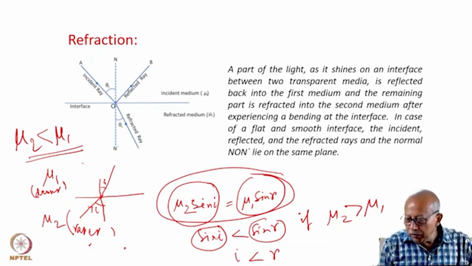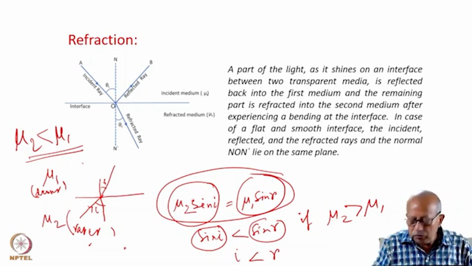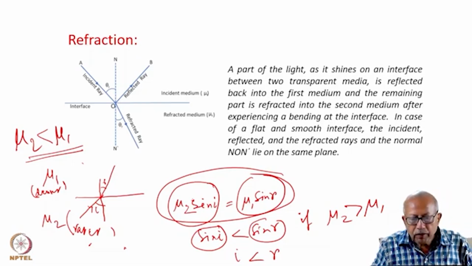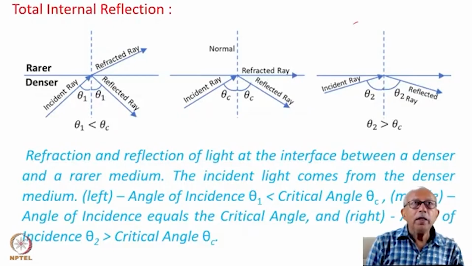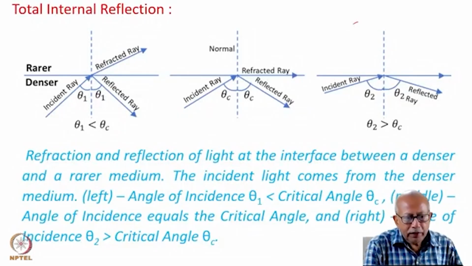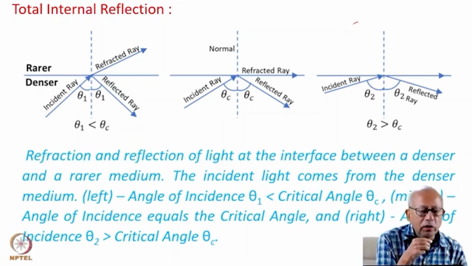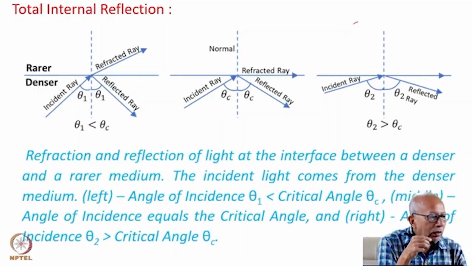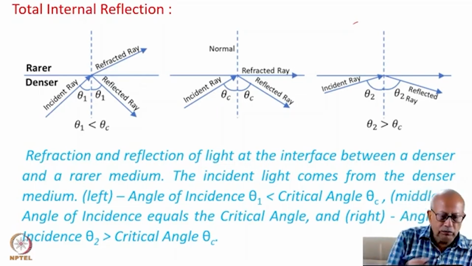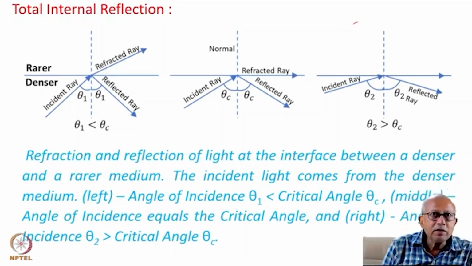Now, from here, we move into another kind of reflection. We now study yet another kind of reflection, which is called total internal reflection. As we just learned from Snell's law, the light ray bends away from the normal when it travels from a denser to a rarer medium.